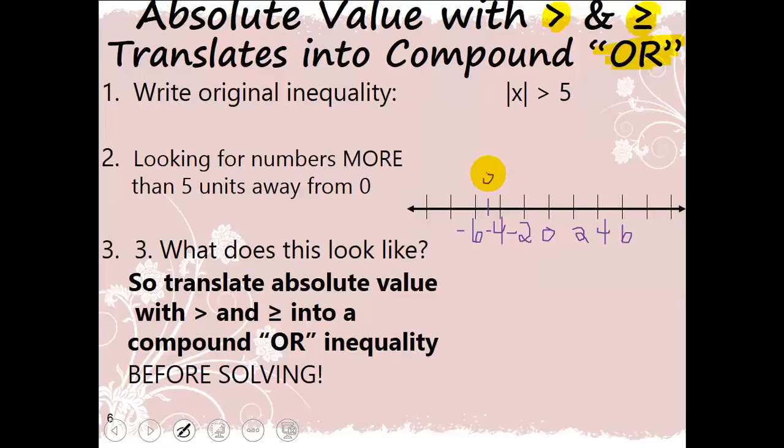So that means I have to go off in this direction, right? Because if I went to the right, it would be closer. And then if I go here at 5, then I have to go off to the right. So do you see how a greater than is going to produce a compound or?